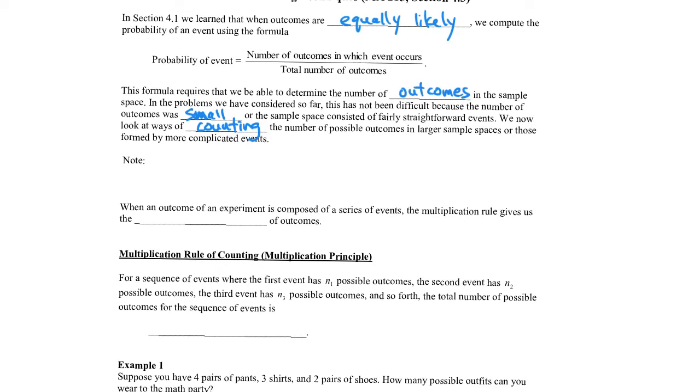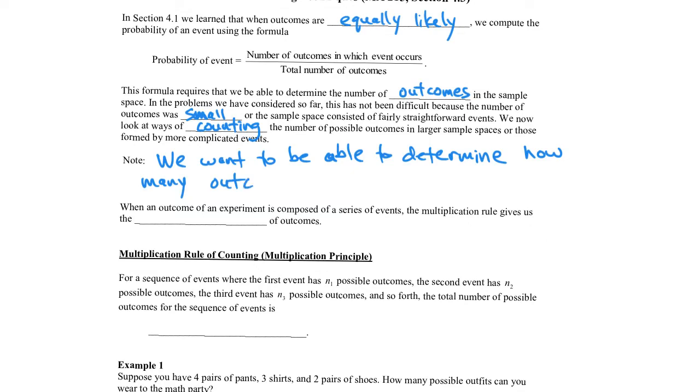We want to be able to determine how many outcomes there are without actually counting them.